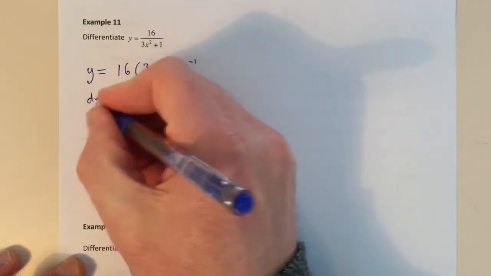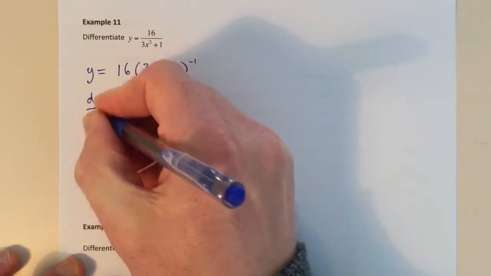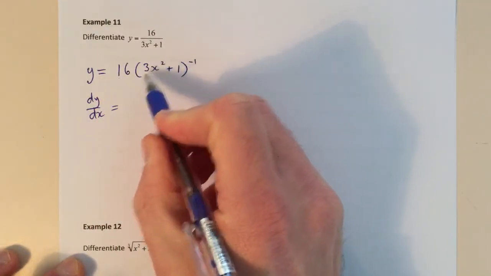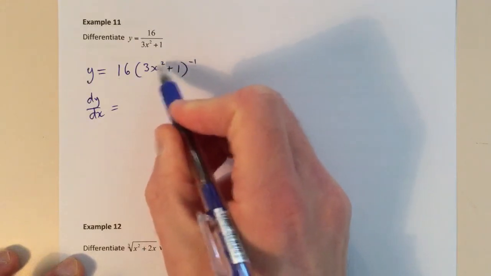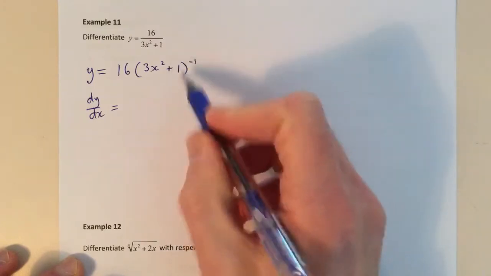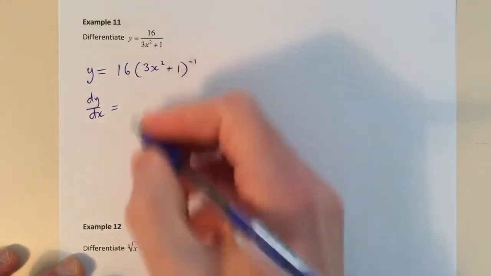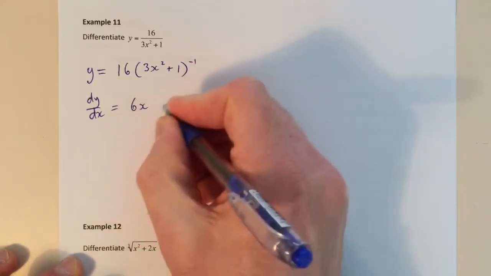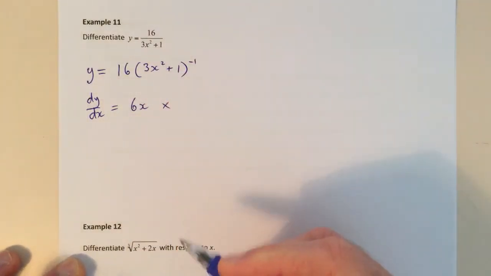So dy dx is going to be equal to the derivative of what's inside the bracket, which is 6x. Of course, the plus 1 disappears when we differentiate. So the derivative inside the bracket is 6x, times, now we're going to differentiate outside the bracket.